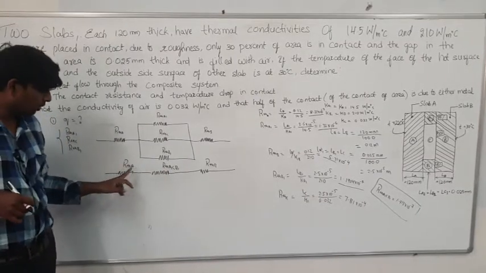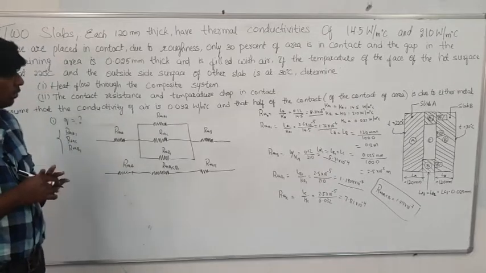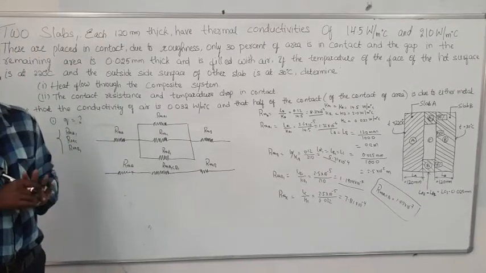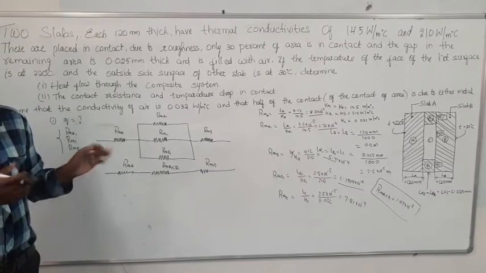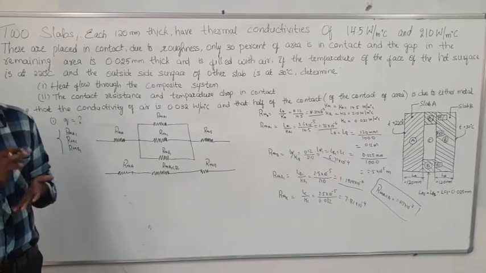You know the value of this one, this one, this one. After that you have to substitute in that formula. Again you have to derive that formula, but in this problem I am not deriving that formula, directly I will write that.